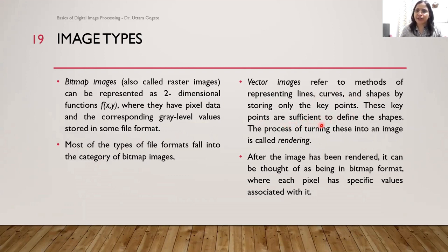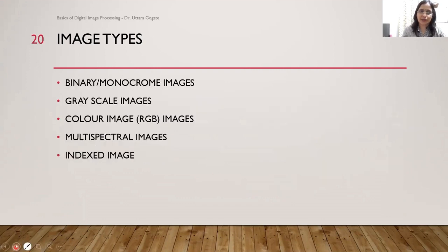These points are sufficient to define the shape. But whenever we want to process it, we have to use a process called rendering to convert this image again into a bitmap image, and only then can we process it. So the bitmap image is very important and a must in our image processing.